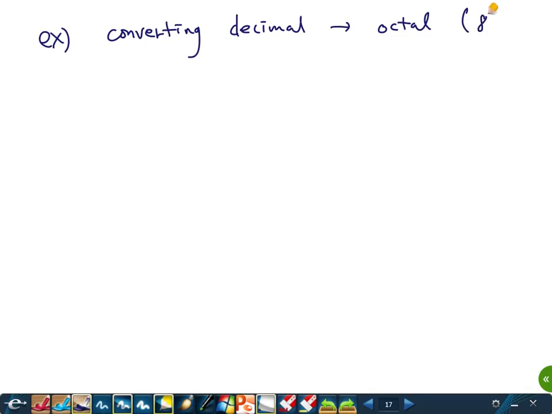Decimal expression to octal expression. This means base 8. So 475, which is in decimal expression. We want to see what this is in the octal number system. The idea is the same.